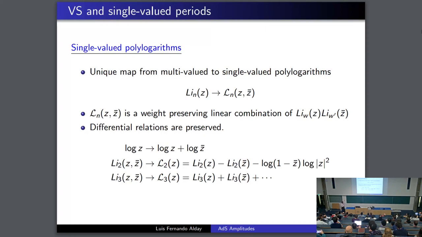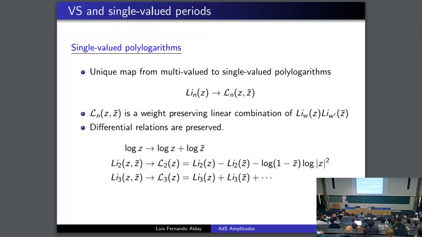Okay? So for instance, if you do this map for log z, you get log z plus log z bar, which is very cool and completely single-valued if you go around the complex plane, and you can do the same for Li2, Li3, etc., etc.